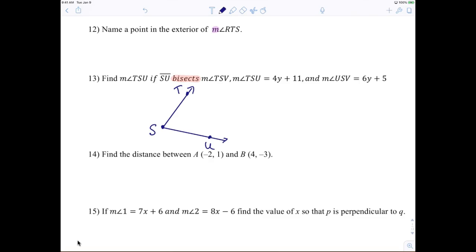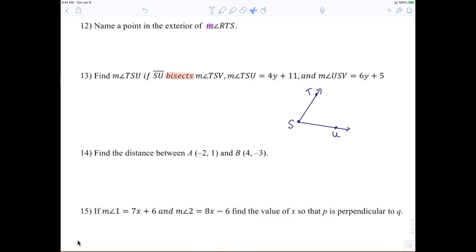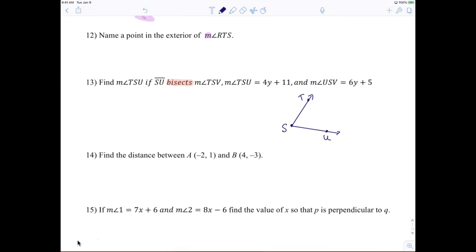See, that's what I'm saying, you've got to be careful. I'll move this out of the way so I can see it a little better. I didn't read it too well right off the bat. Find the measure of TSU if SU bisects TSV.